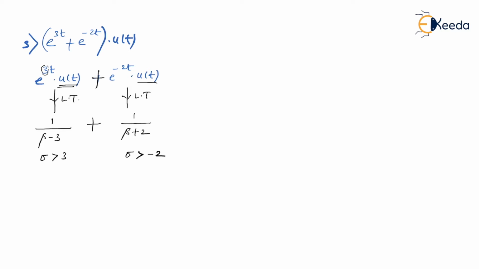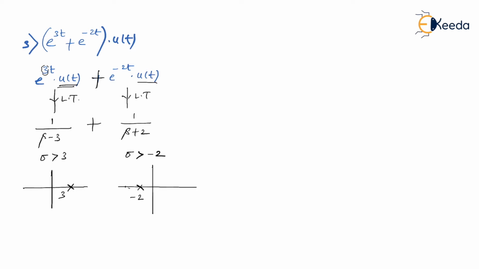So what is meant by that? Let us try to get it. What I'll do is, I'll get the ROC for the individual functions and then combine them and take the common ROC. So in the first case, the pole is located at positive 3 and in the second case, the pole is located at minus 2.